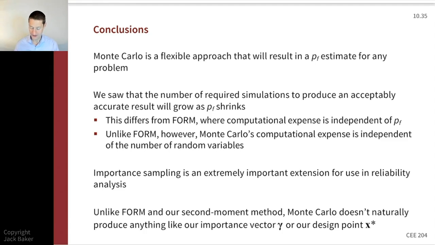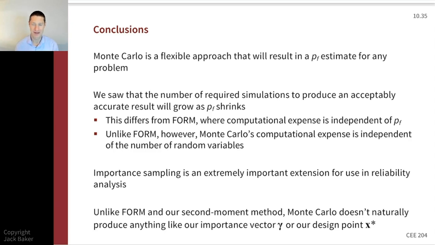So let's finish with the first set of conclusions on Monte Carlo simulation. We've introduced this flexible approach to just sample numbers and check failures or non-failures. We've worked through the math and convinced ourselves that we do get a probability of failure estimate that doesn't require linearization or approximations.